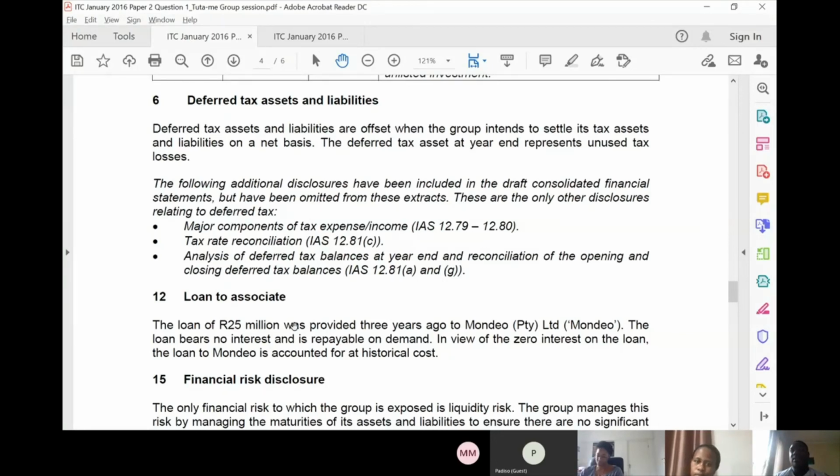But then I think it's IAS 28, which speaks to associates. It has a section that talks about what happens with loans to associates that are not repayable on a specific date. They don't really have interest. It will say that these loans should be treated more like equity than actually debt.